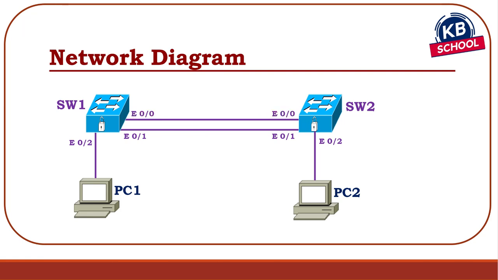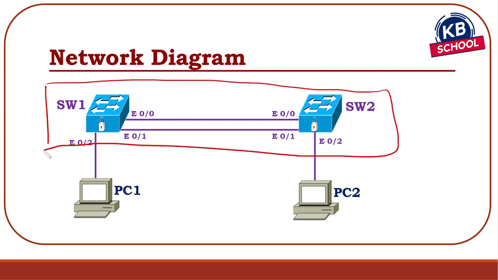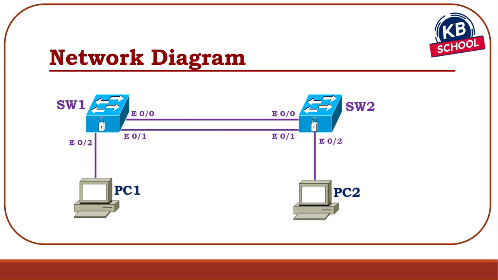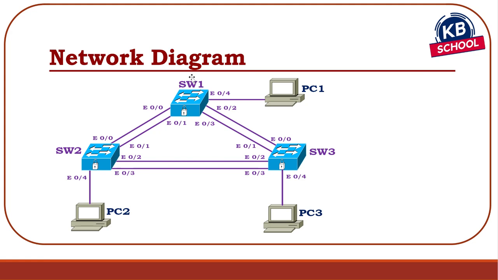So that has taken care of, STP has taken care of a loop between what? Two switches by blocking one of the ports. Good so far? So that aspect has been taken care of, but there is another aspect that we haven't taken care of yet, and that is our overall loop.